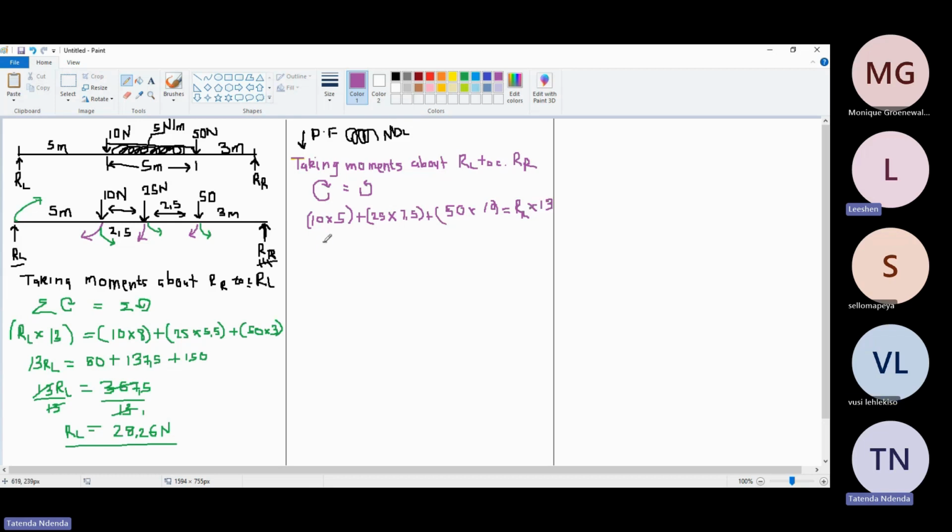So here, 25 multiplied by 7.5 is how much? 187.5. So it's going to be 187.5 plus this, which is going to be 500, equals 13 RR, right? How much do you get here?